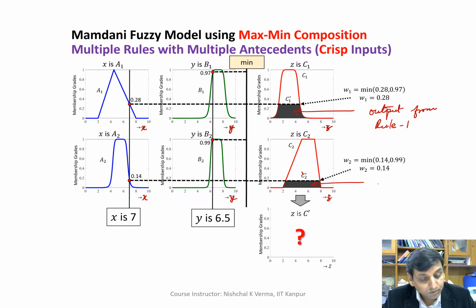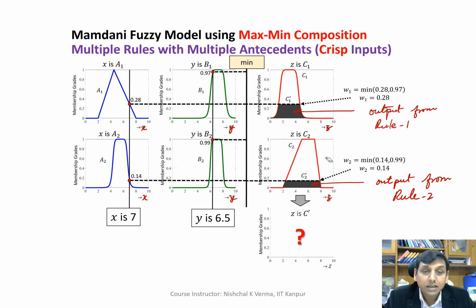So this is the output from rule 2. Now, since here we are using max min composition, we have to take the maximum of all the outputs.